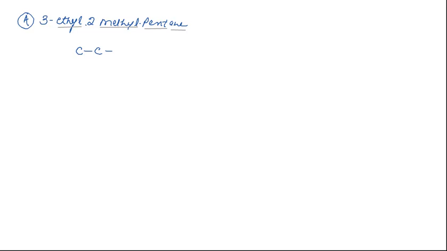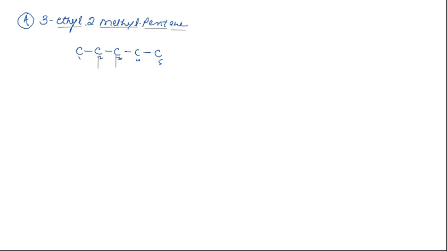So it is 1, 2, 3, 4 and 5. It is 3-ethyl, third position, and 2-methyl. Its correct name should have been 2-ethyl 3-methyl, but you have to draw the structure as it is given.